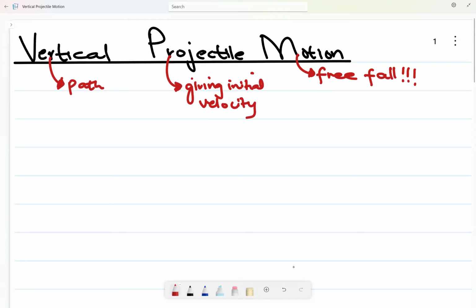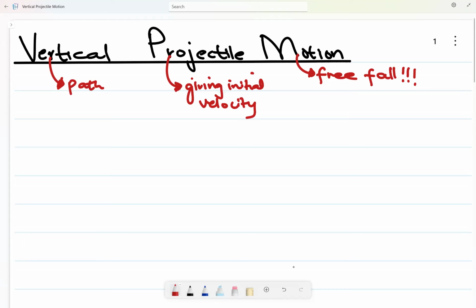When you project something, it's like drawing something, but if you're drawing it upwards, we rather use the word project.